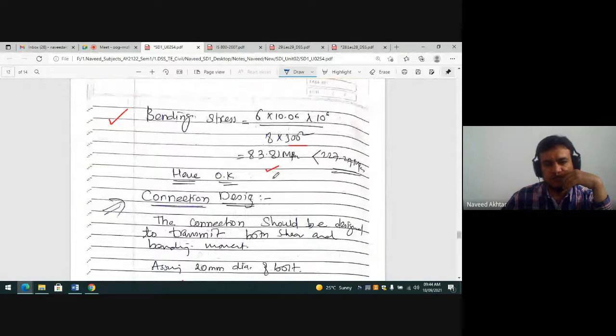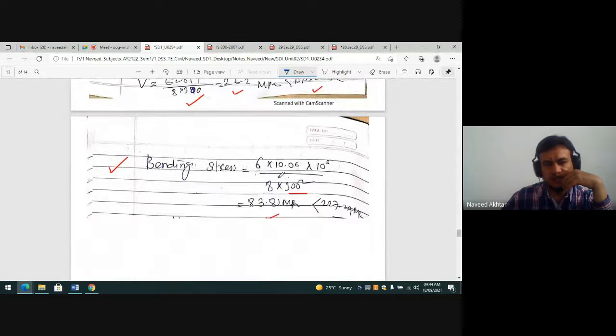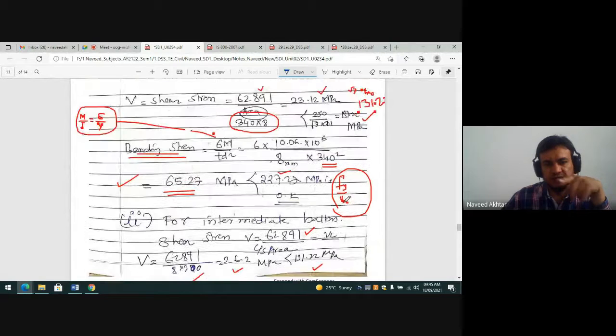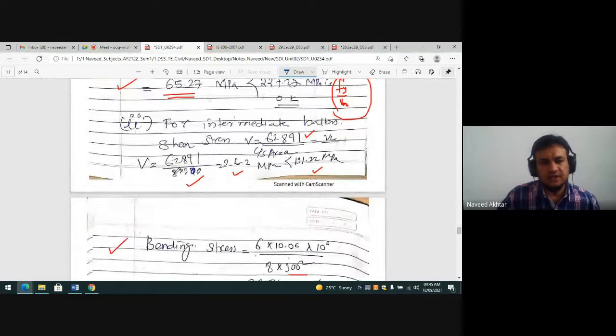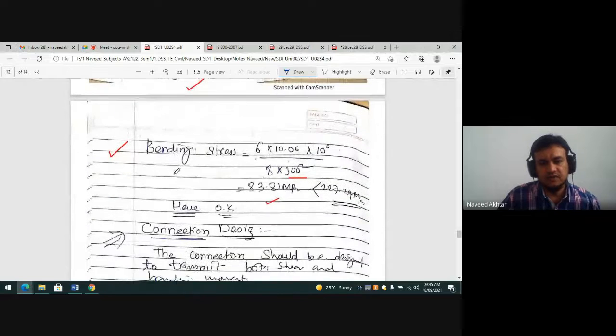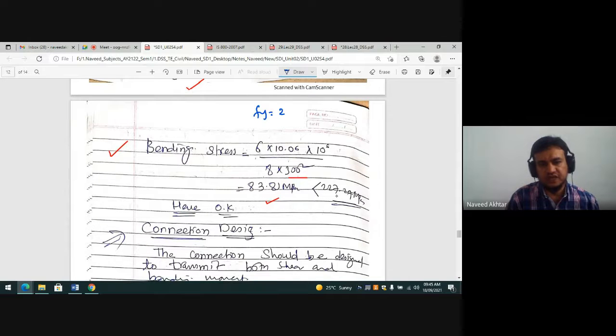If the stresses in the end batten and intermediate batten are less than the design strength, bending strength, and if it is okay within the permissible limit, because generally you are taking the fy, you are taking 250, okay, and you know that we are taking the fcd should not be less than this 227 MPa.